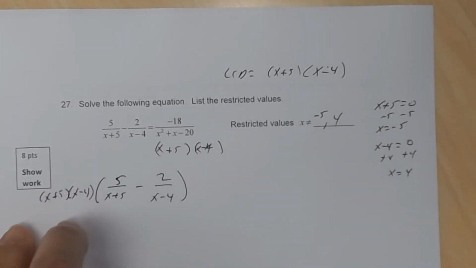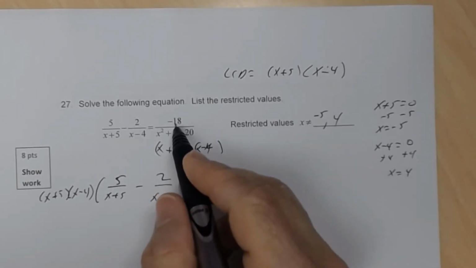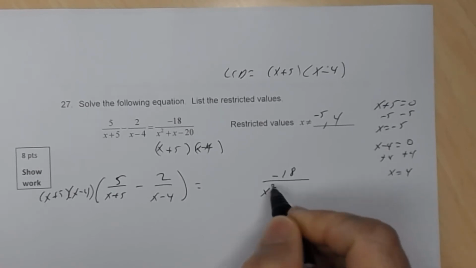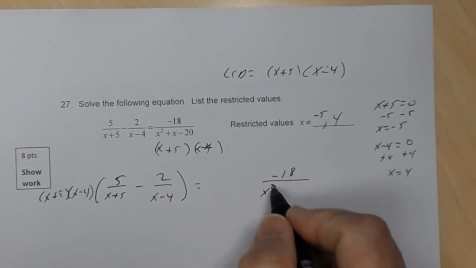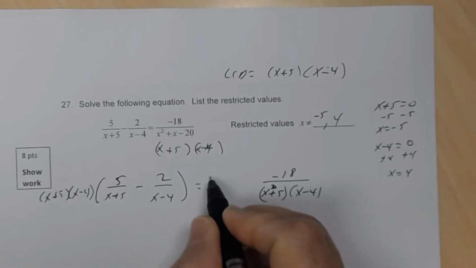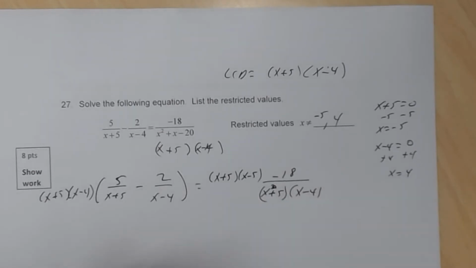And remember, what you do to one side, you have to do to the other. So the other side was negative 18 divided by x squared plus x minus 20. I'm going to put the factored form, x plus 5 times x minus 4, and multiply this side by the LCD as well, x plus 5 times x minus 4.